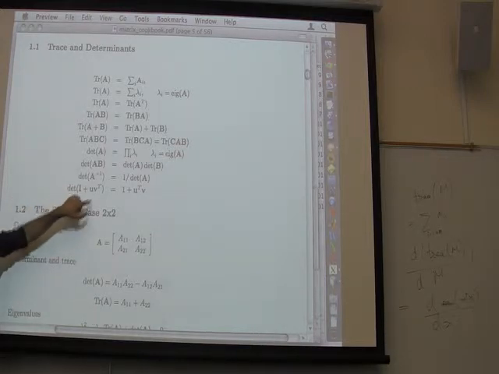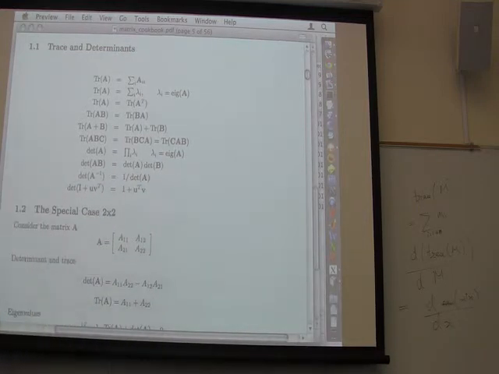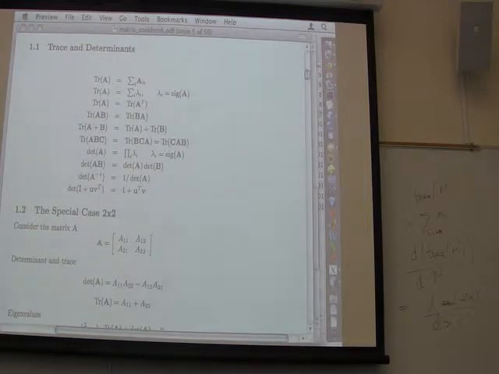What this is saying is that if you have a huge matrix, U V transpose, this is the outer product, a 10,000 cross 1 times 1 cross 10,000, so a 10,000 cross 10,000 matrix, and then you are adding identity to it.